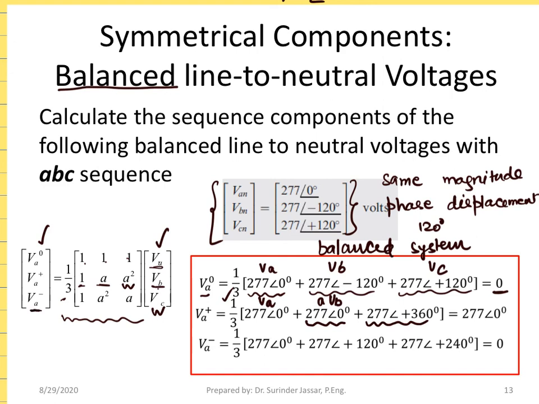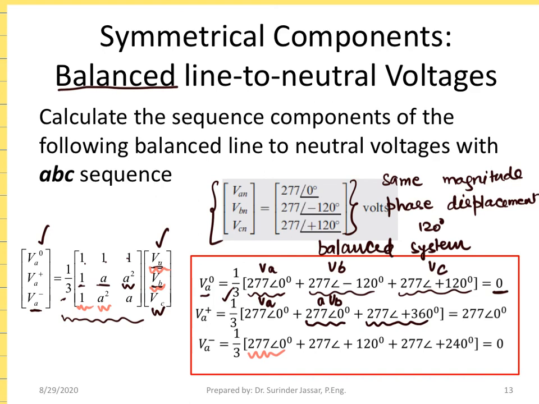For getting VA negative, the first term is 1 times VA, which is simply VA. The second term is A square VB, which is 1 at an angle of 240 times VB, 277 at an angle of negative 120.